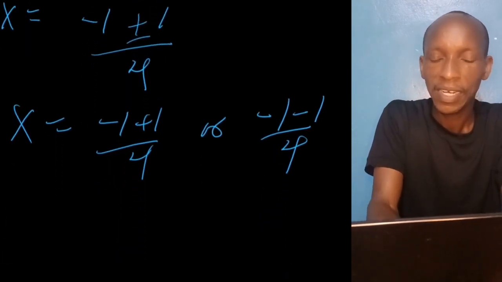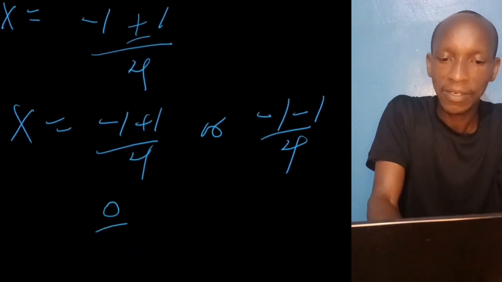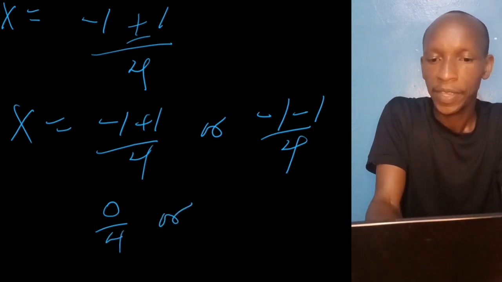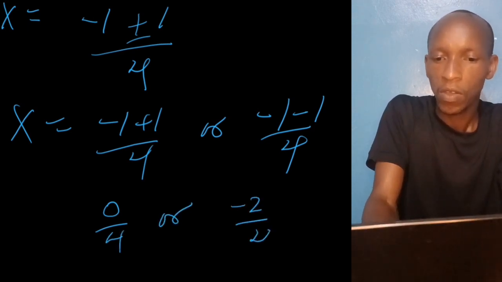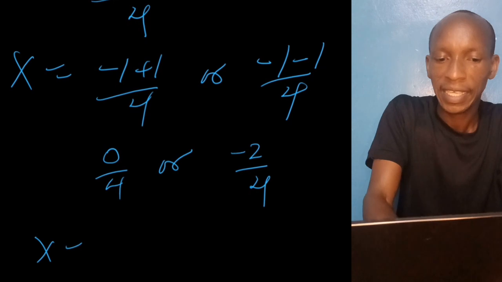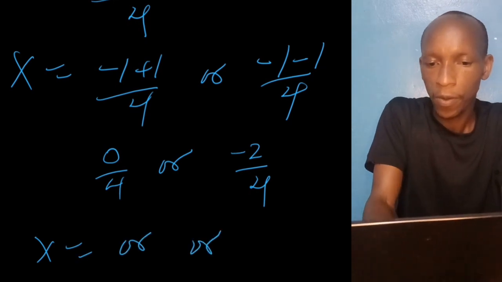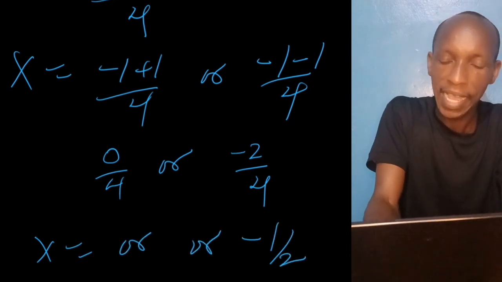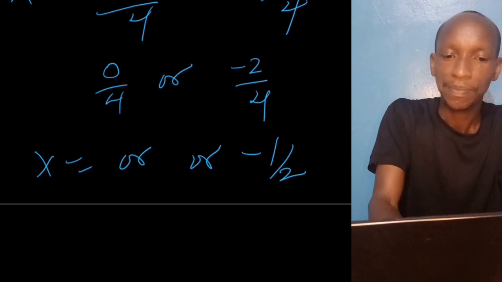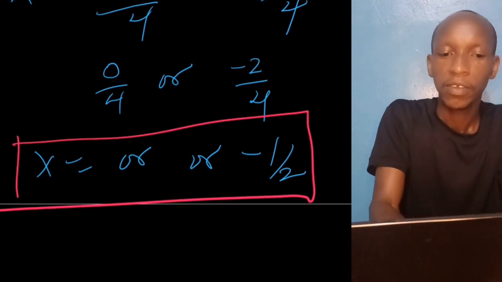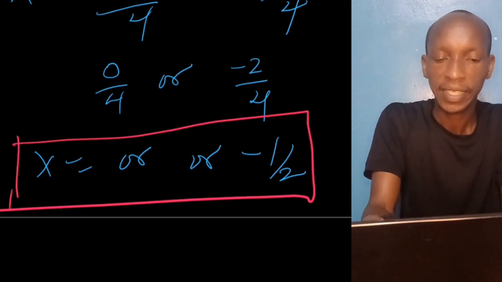Negative 1 plus 1 is 0, so that is 0 over 4, or negative 2 over 4. So therefore, x is 0 or negative a half. And this becomes the correct values of x in this case.